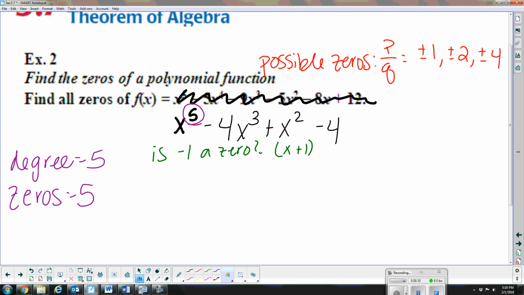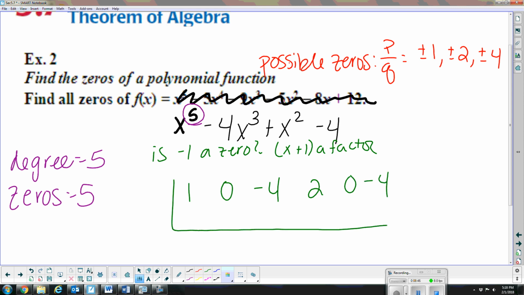Or is x plus 1 a factor? Well, let's use synthetic division. So set up your synthetic division with all your coefficients, 1, 0, -4. Don't forget your zeros if you're missing a degree. And I'm going to test -1.